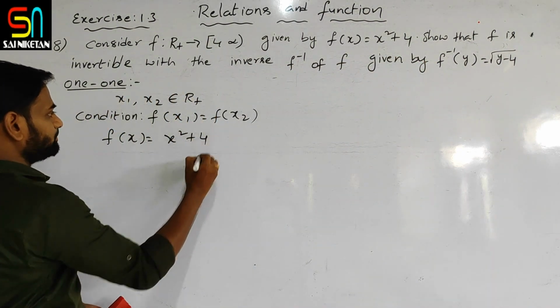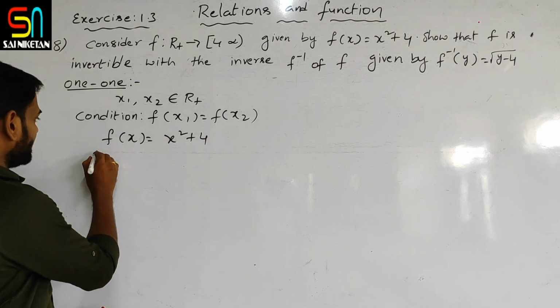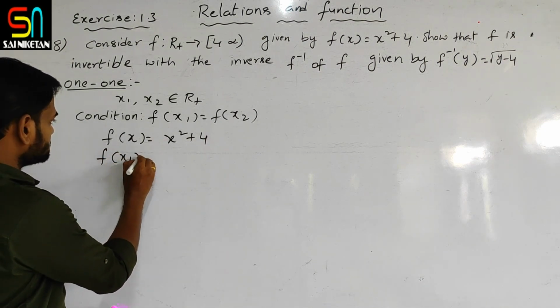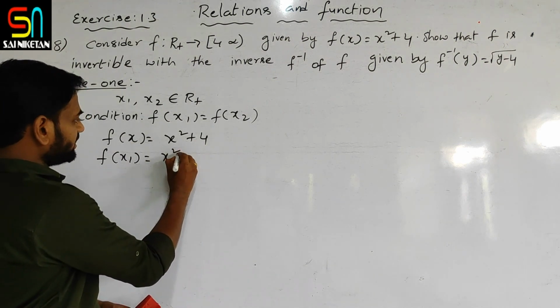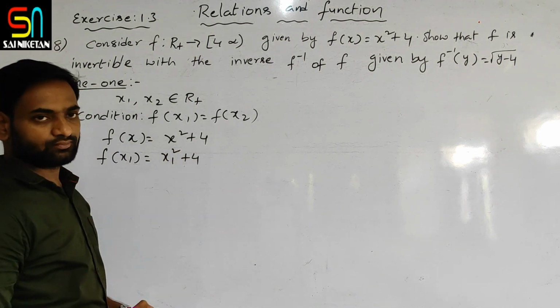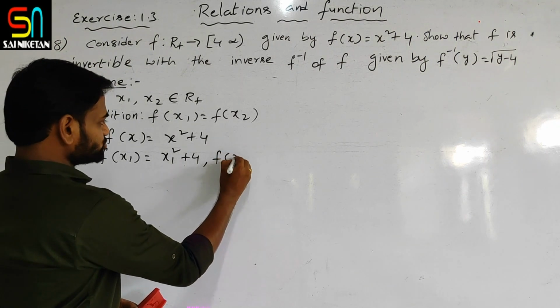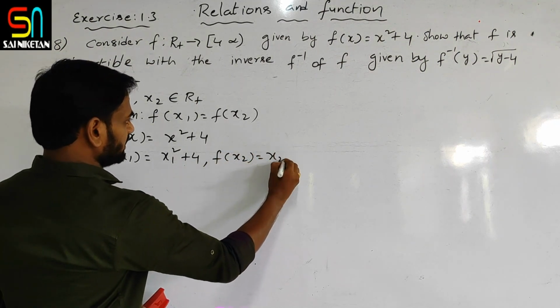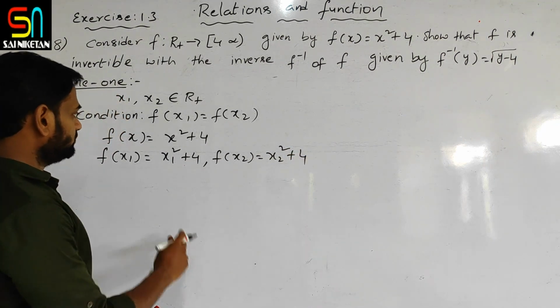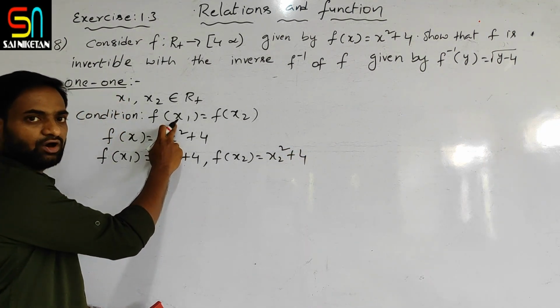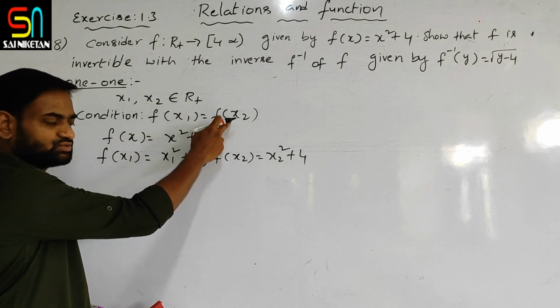Now what is f of x1? f of x1 is x1 square plus 4. Next, f of x2 is x2 square plus 4. Now take the condition. f of x1 is equal to f of x2.